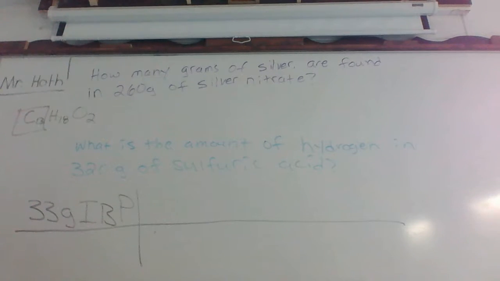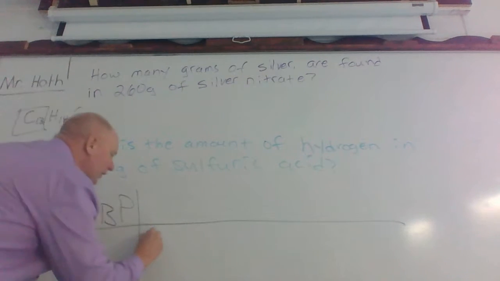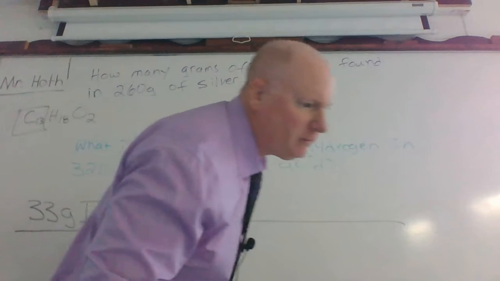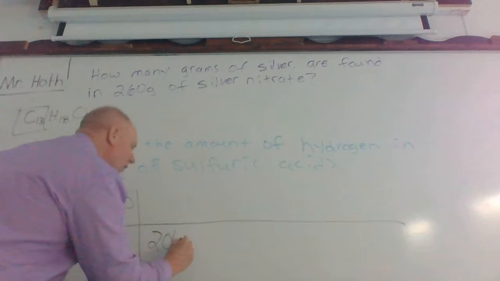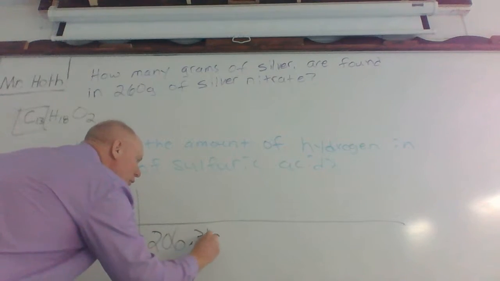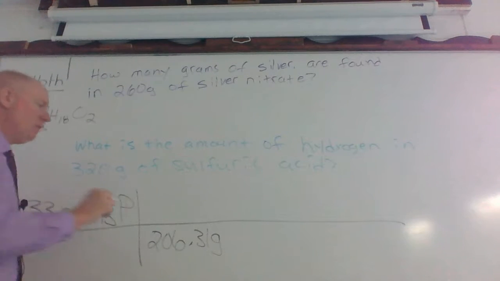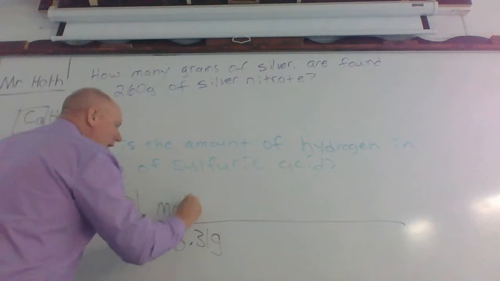Besides the problem telling you that, how would you figure that out? You would add all these together, which we illustrated as well. So 206.31 grams for every one what? For every mole of ibuprofen.